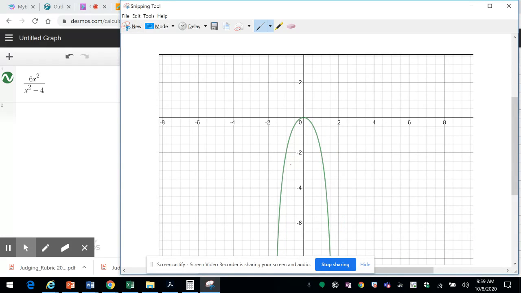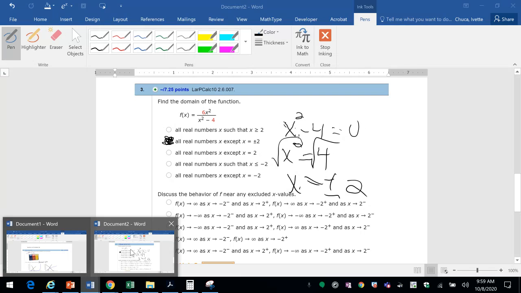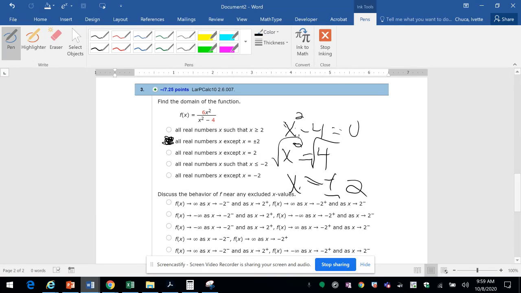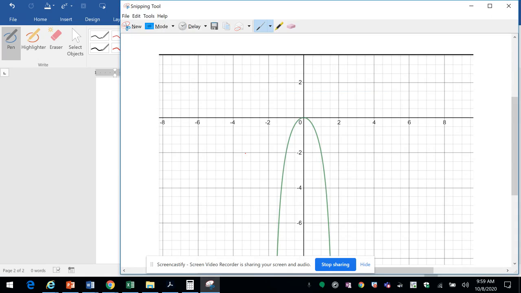Okay. So again, to figure this out, let's look at the question first. As we approach our excluded values, let me highlight them in red here. The first one is negative 2 and then positive 2. Let's look at the negative one. As we approach this value from the left, that's what the negative means here, what is happening to the graph?